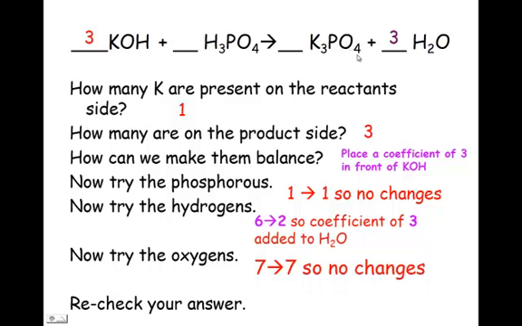Then I have 4 on my product side plus another 3 is 7. And then my hydrogens, I have 3 hydrogens in my potassium hydroxide, and I have 3 more there. I have a total of 6 hydrogens on the reactant side. And then 3 times 2 will give me 6 hydrogens on my product side. And we are done balancing our equation.